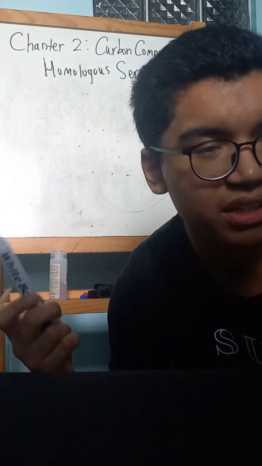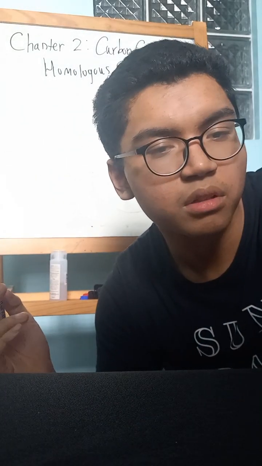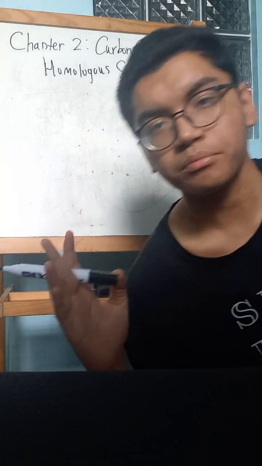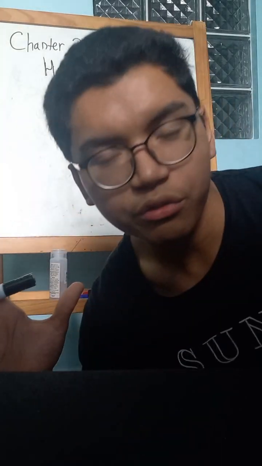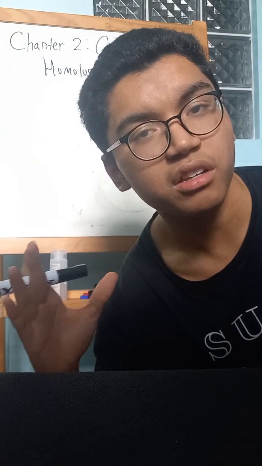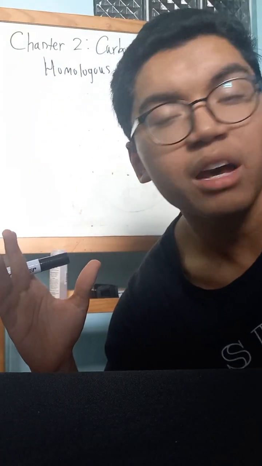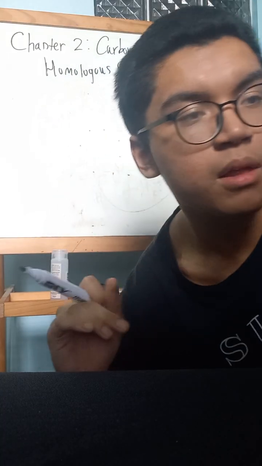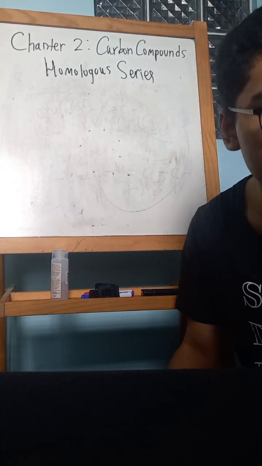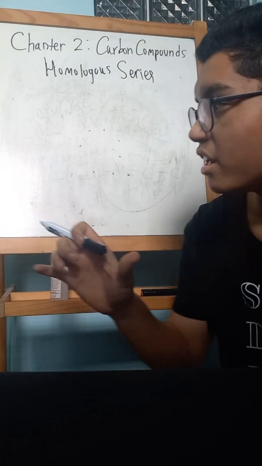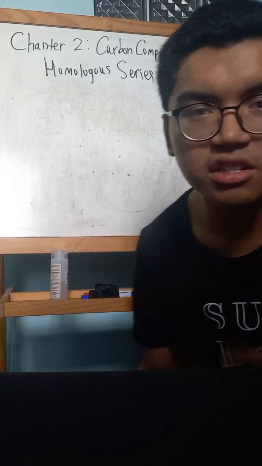There's a couple of them that I'll go through with you. Like I said before, you can read the definitions yourself. I'm just here to explain it in a way that makes it easy for you, okay? So there are 6 homologous groups that we will cover. One is not as important as the others, but just bear with it.